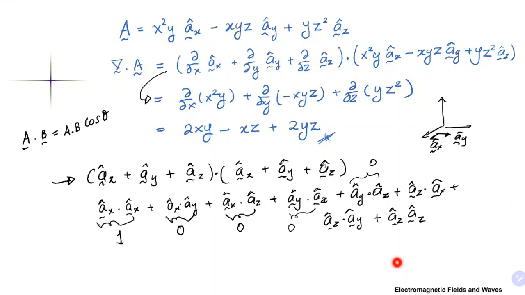I miss out one term, I think. There should be AY dot AY. And this will be 0, and this is 1. This is 0, and this is 1. So that's why dot product of two unit vectors, you end up with 1 plus 1 plus 1. So it's 3.